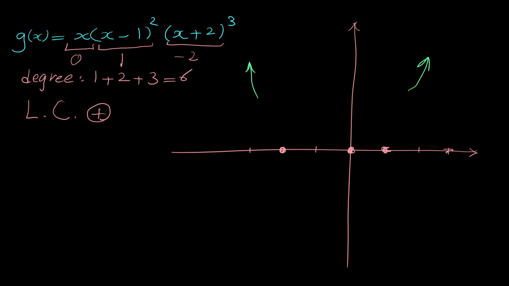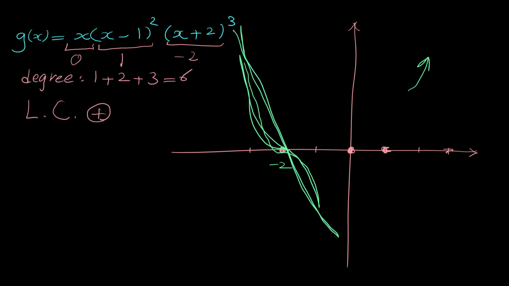Negative 2, at negative 2, which is this point here, we expect to see that behavior. We go toward negative 2, but when we go toward negative 2, we know that we have to graph something like this. Something like this. We should not simply graph like a normal curve.